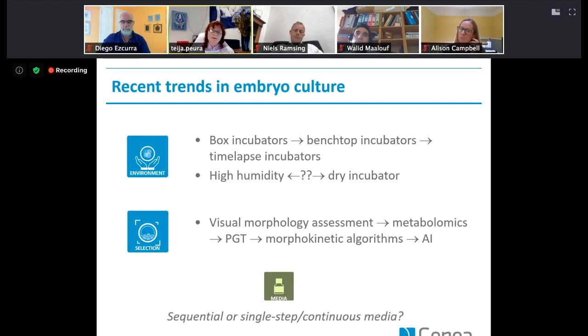It has a good relationship with incubators, because especially the time-lapse incubators now allow embryos to stay undisturbed without changing media, as happens with sequential media. On the other hand, studies previously have shown that sequential media is beneficial for embryo outcomes. So how do we choose between these two, and how is one benefit overtaken by another?